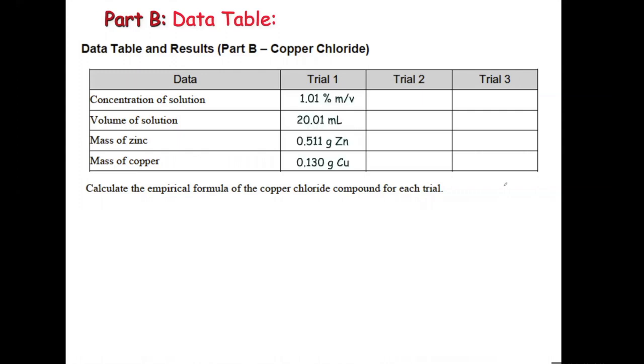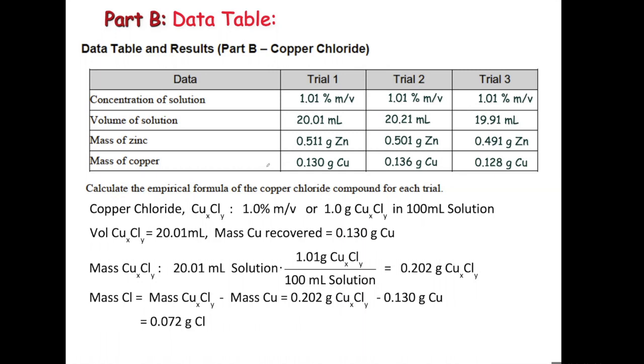These are typical data table. You've got 1.01% mass volume percent. So from the mass volume percent, if you know the volume, you can calculate the amount of copper chloride in the reaction. And I'll show you that shortly. You've got the mass of the zinc that was weighed out and the mass of the copper. So these are sample data.